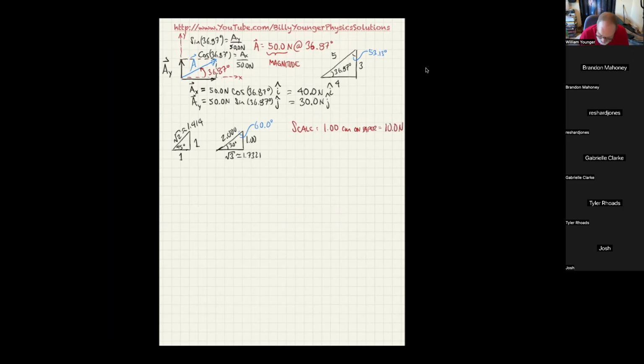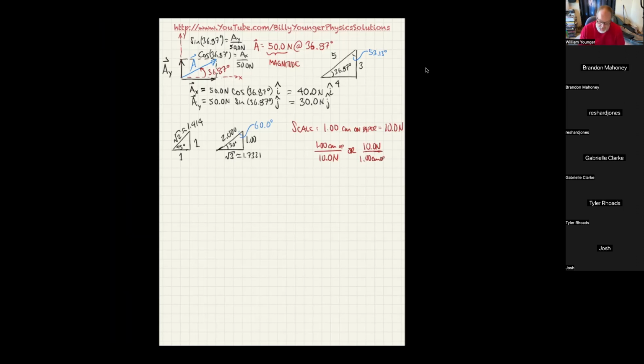So that's the scale, and you can use it just like we did in chapter 1 with unit conversions. That means you can write it as 1.00 centimeters, and you can call that OP over 10.0 Newtons. Or you can say 10.0 Newtons over 1.00 centimeters OP again.